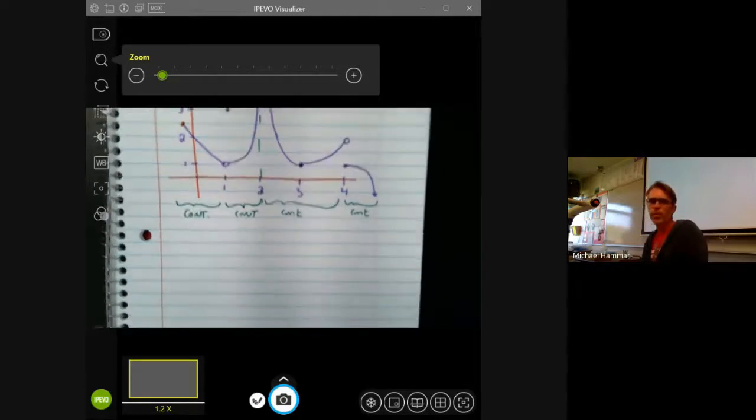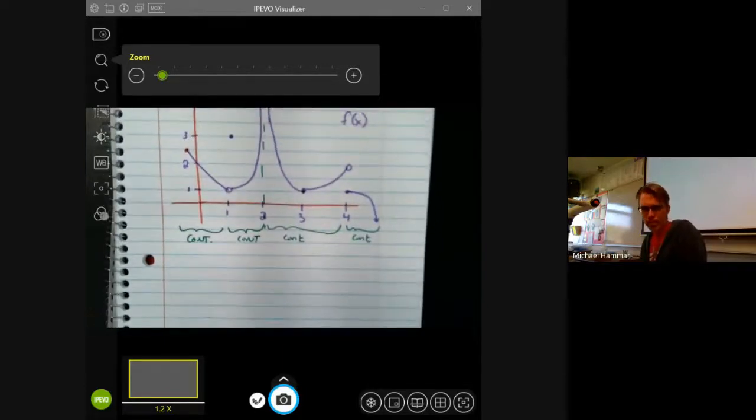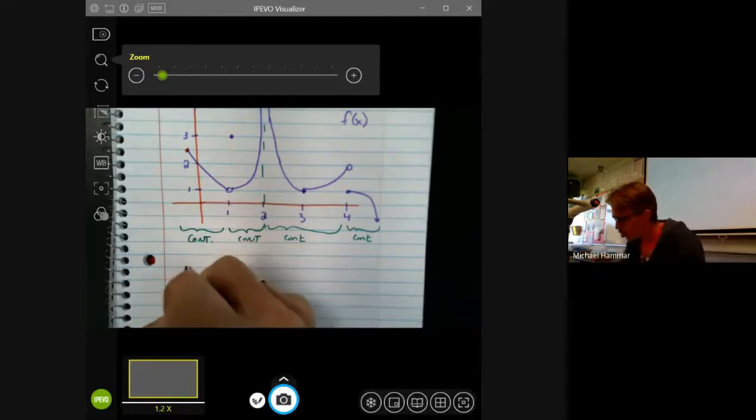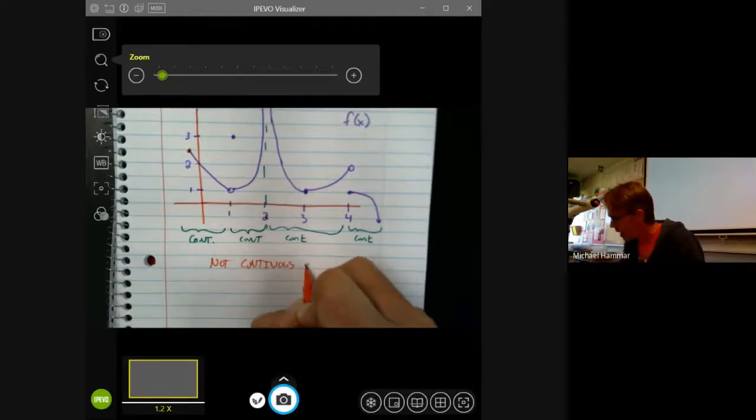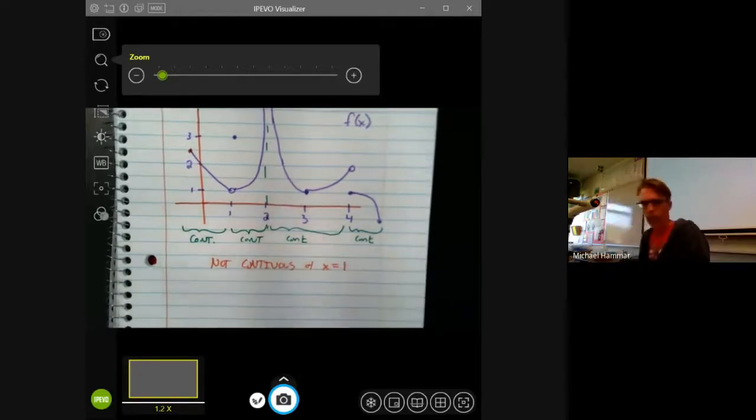So we are going to look at the weird spots. Let's talk about why it is not continuous at x equals 1.